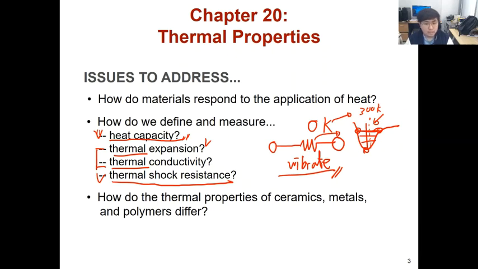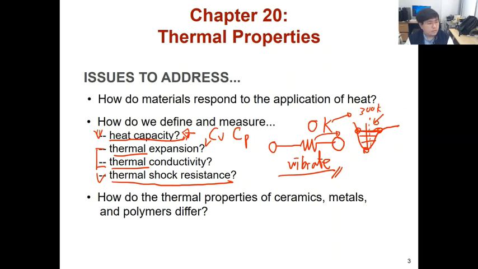However, depending on the environment, for example a fixed volume or fixed pressure condition, we define the heat capacity slightly differently: heat capacity at constant pressure or constant volume. Today I'm going to briefly introduce the difference.